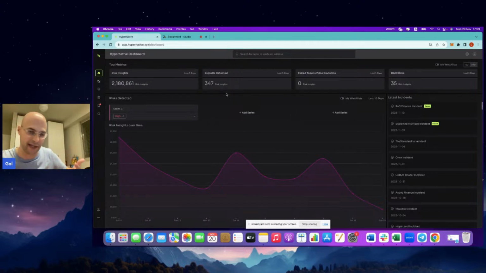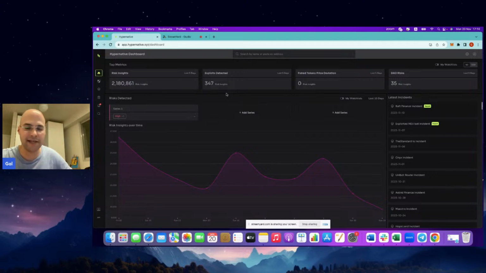If you look at the code before it was compiled, there isn't any problem, but it translated to bytecode that was not operating correctly, and this was exploited. And there are various other vectors an audit cannot catch, like operational ones: someone stole the private key of your multisig, and that multisig is controlling the contracts.